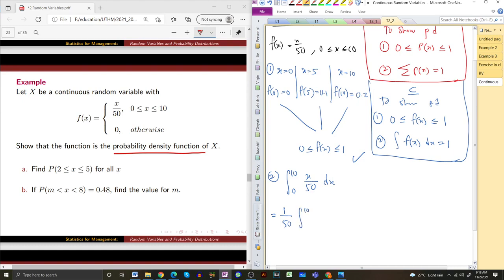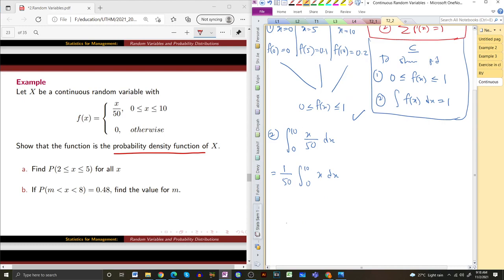The constant you can take out. The second condition is also fulfilled.